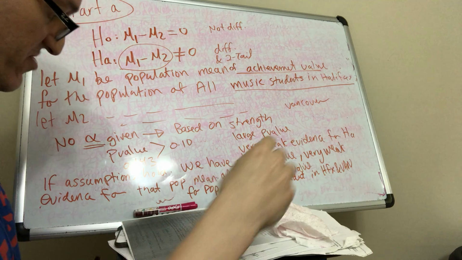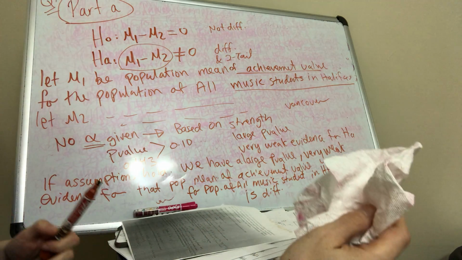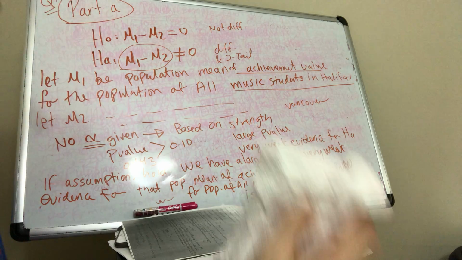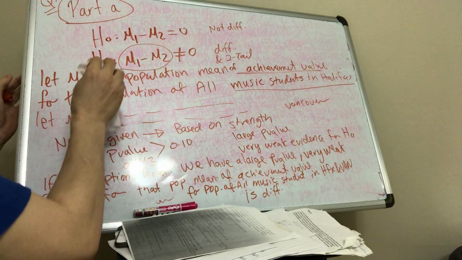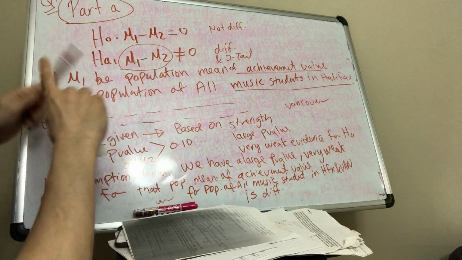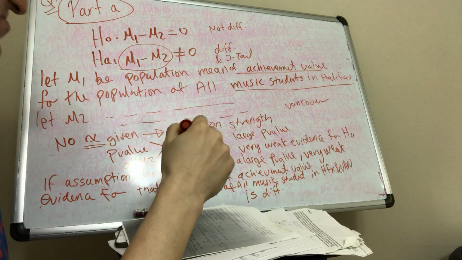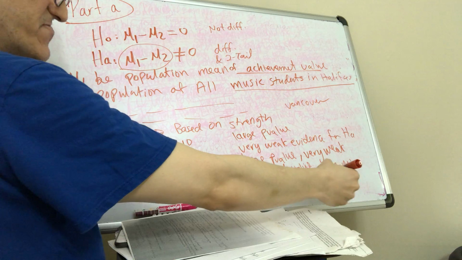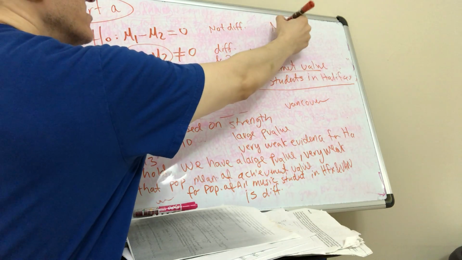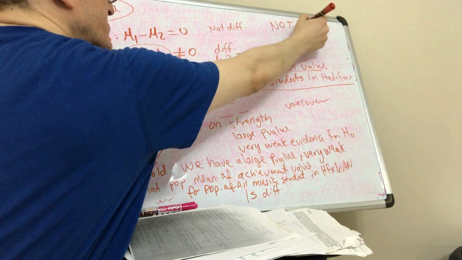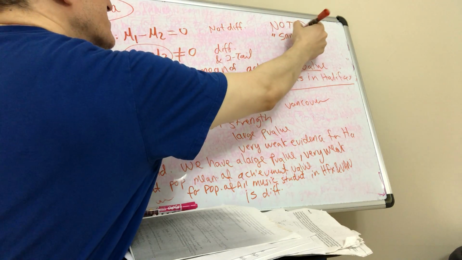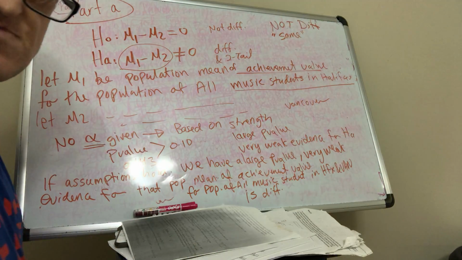Okay, now the part C in the question, no, part B still. First of all, remember, from the hypothesis, we didn't prove that they're different, meaning that they could actually be the same.